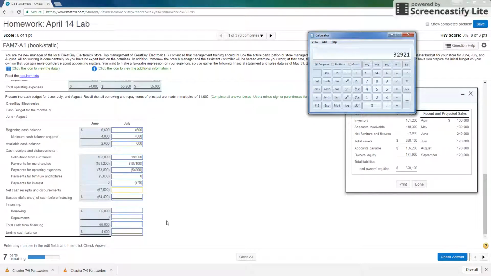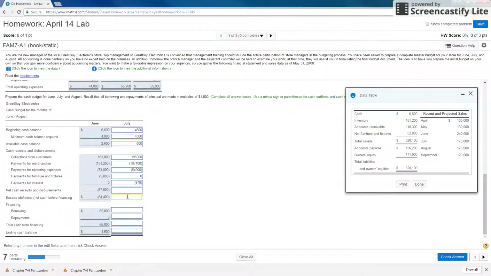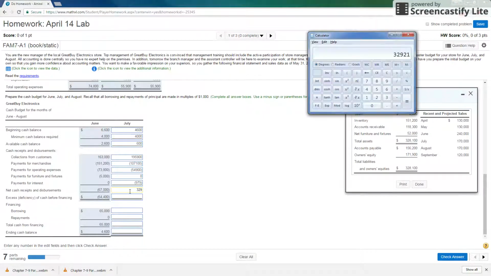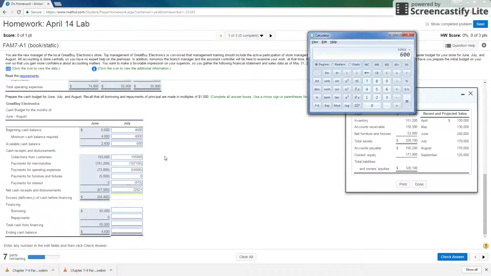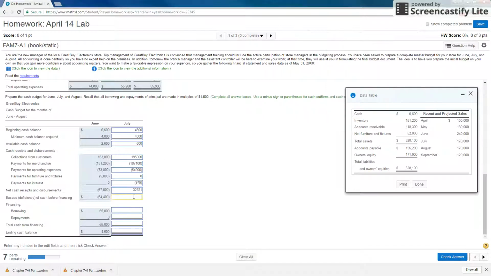So 32,921. 32,921. So your net cash is positive this time. And you had $600 more as well. Like 600, 33,521, 33,521.